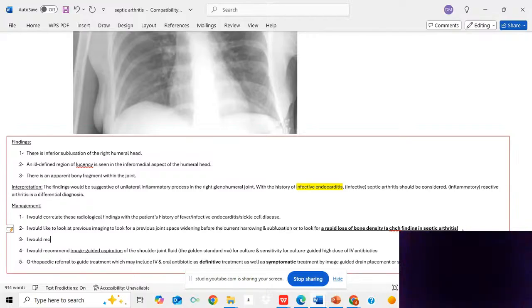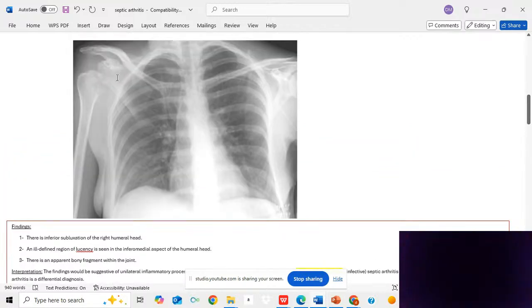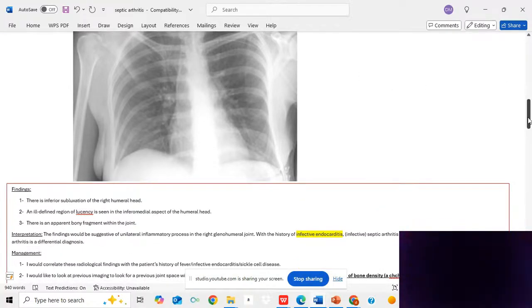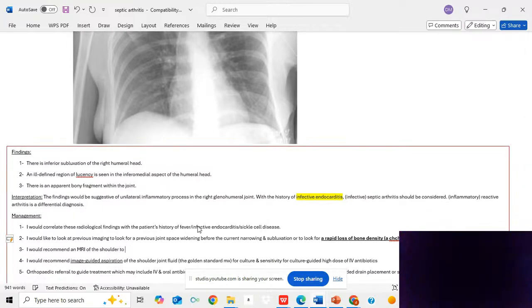I would also recommend an MRI of the shoulder, to assess the degree of joint destruction and the involvement of the surrounding soft tissue.